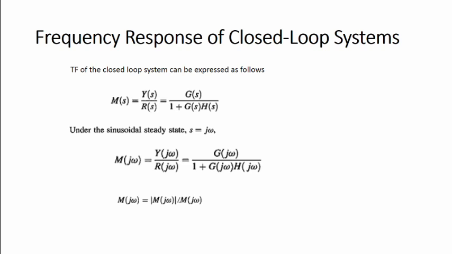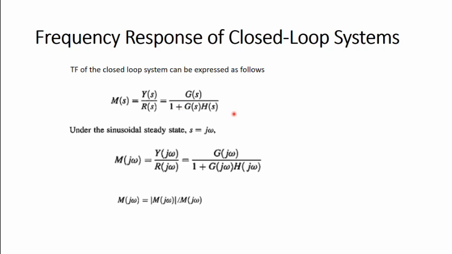And the transfer function of the closed loop system can be expressed as shown in this particular figure. Here M of s is nothing but the closed loop transfer function, that is Y of s by R of s, which is G of s upon 1 plus G of s H of s.